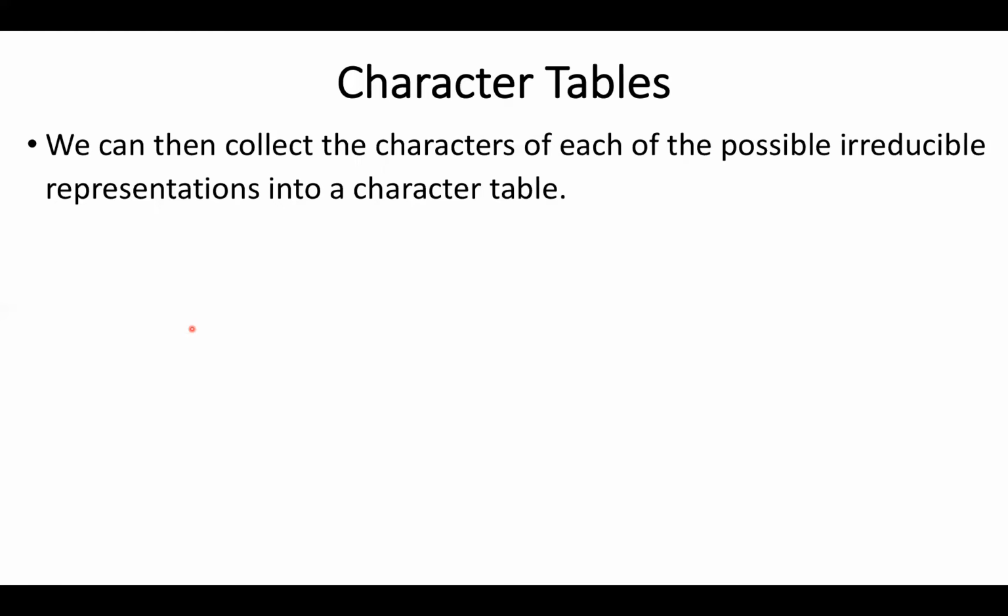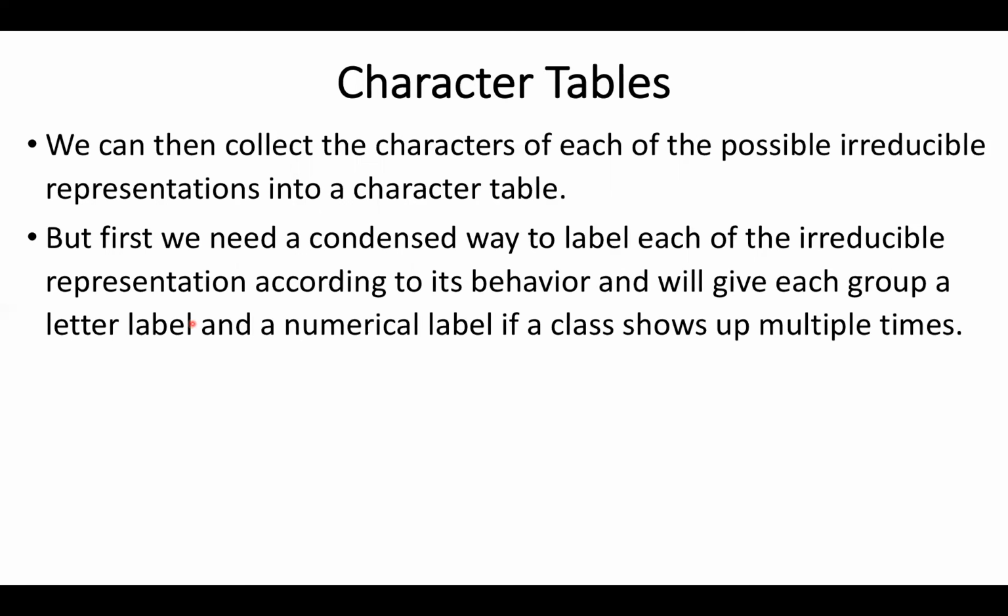irreducible representation. So one of the things that we have to watch out for is, we've talked about how we can identify the character of an irreducible representation, but what I haven't talked about is how I can label my irreducible representations themselves.